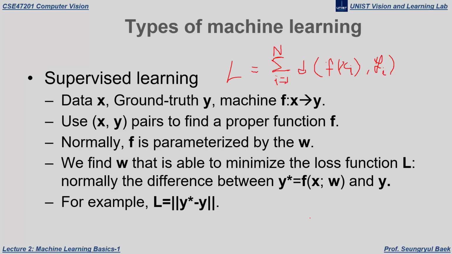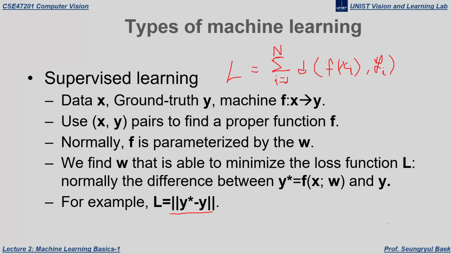And also, normally we use this type of Euclidean distance when finding their distance. So when finding the distance between this output and their ground truth, we usually use the Euclidean distance. And there could be other distance metrics.